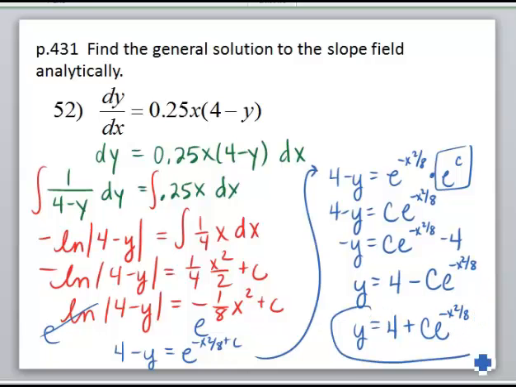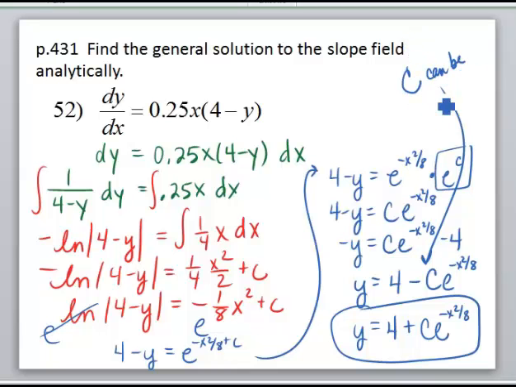The reason for that is because this big C can be positive or negative. So they'll just always put plus there because it could have been a minus negative 200 or it could have been a plus negative 200. So it really doesn't matter what sign goes between the two.